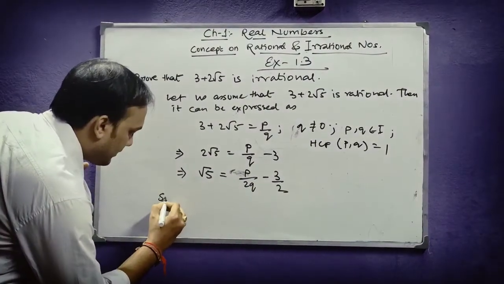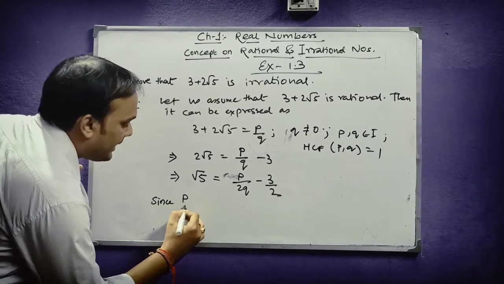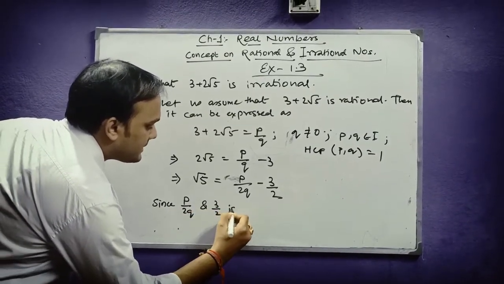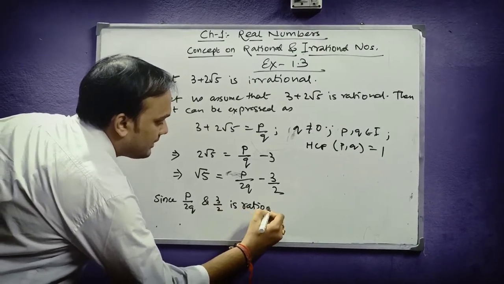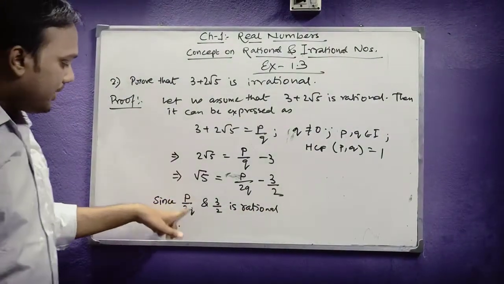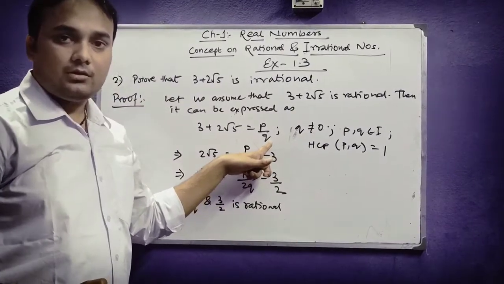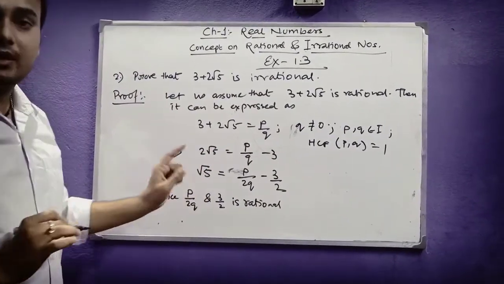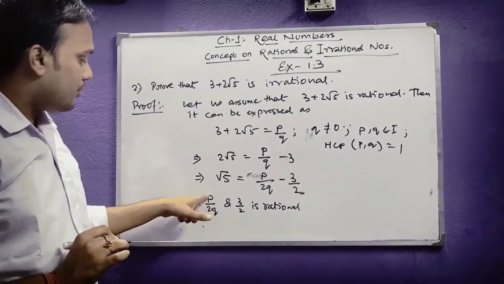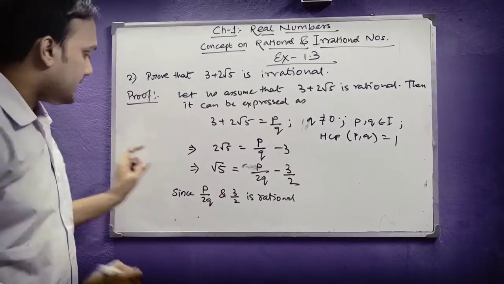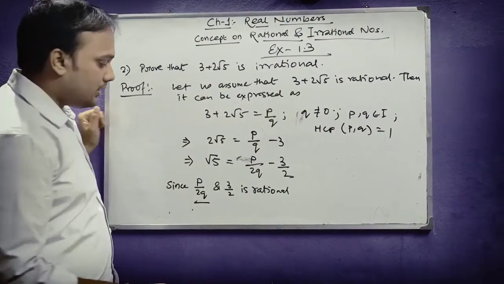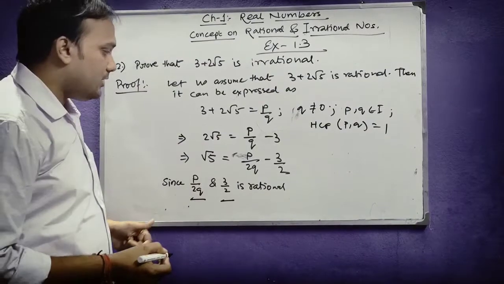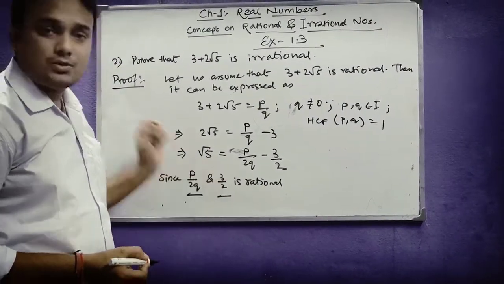Since P by 2Q and 3 by 2 are rational, you can just see that, students, P by Q is no doubt rational, and P by 2Q will also be a rational number only, because both are integers. So P by 2Q is rational, and 3 by 2 is already in the simplest form, and both are integers, so this is also rational.